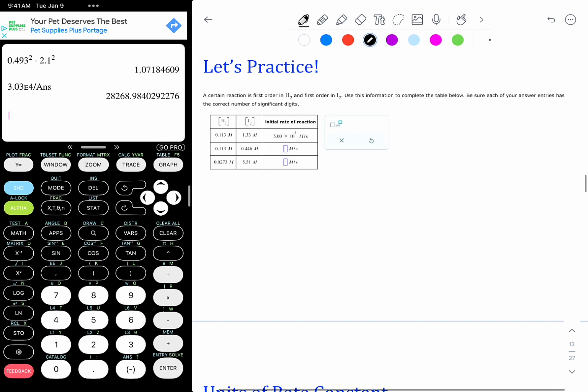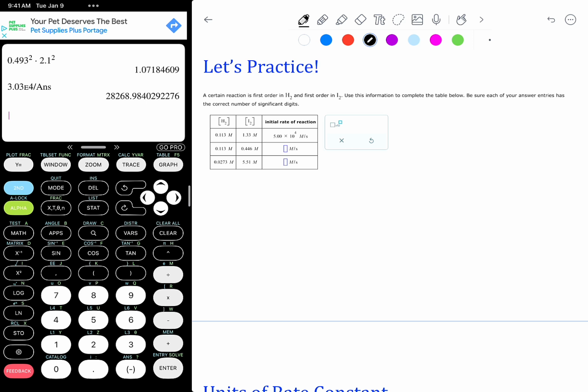So let's take another approach to this, similar to what we've done in the past. A certain reaction is first order in hydrogen and first order in iodine. Use this information to complete the table below. Be sure each of your answer entries has the correct number of significant digits.